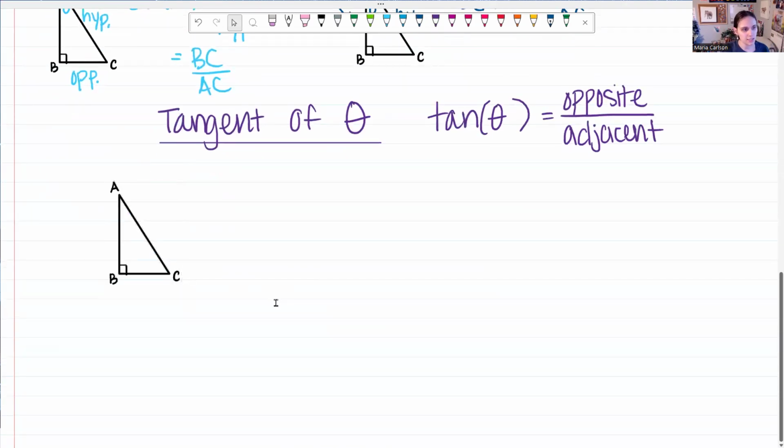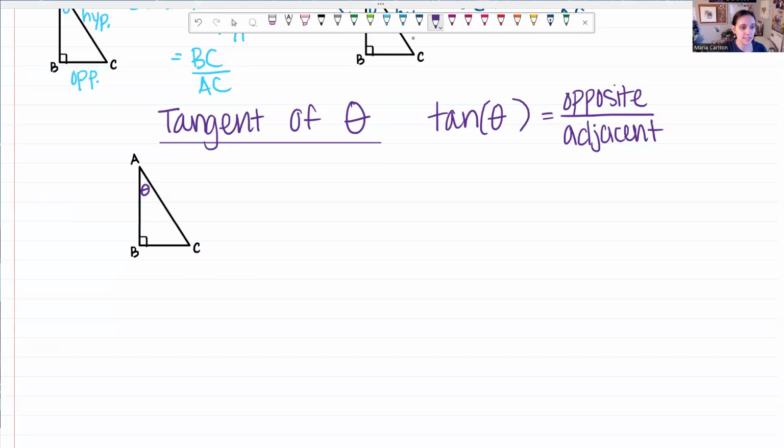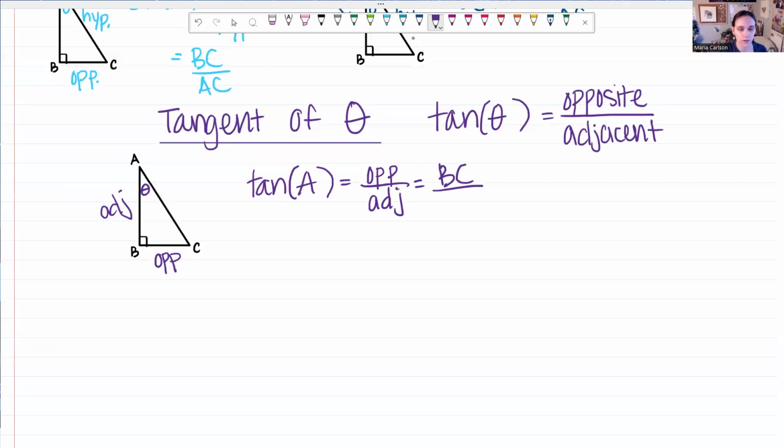So here is ABC. A, I'm going to keep as theta. So opposite would be that side BC, and adjacent is the side AB. So the tangent of angle A is equal to the opposite over the adjacent, which is really BC over AB.